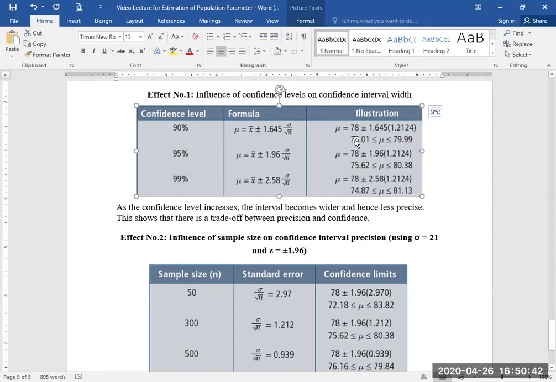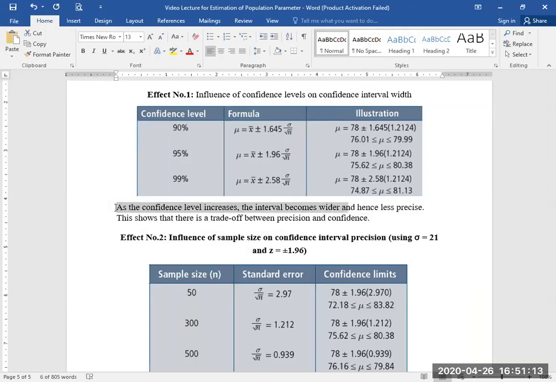We can calculate the differences, and we can say, students, that from 90 to 95 to 99, the confidence interval is getting wider. Here it is written: as the confidence level increases, the interval becomes wider and hence less precise. This shows that there is a trade-off between precision and confidence.